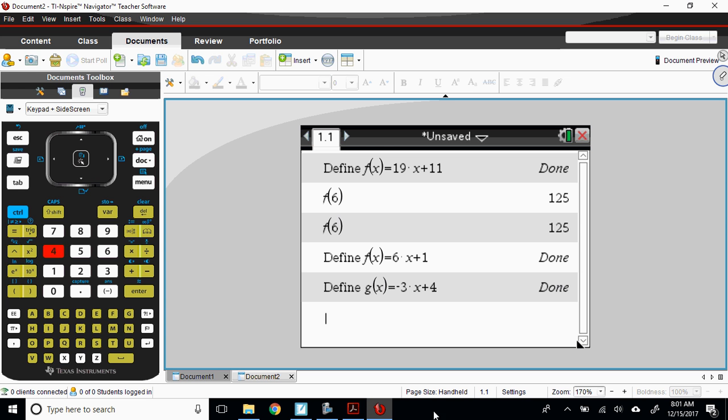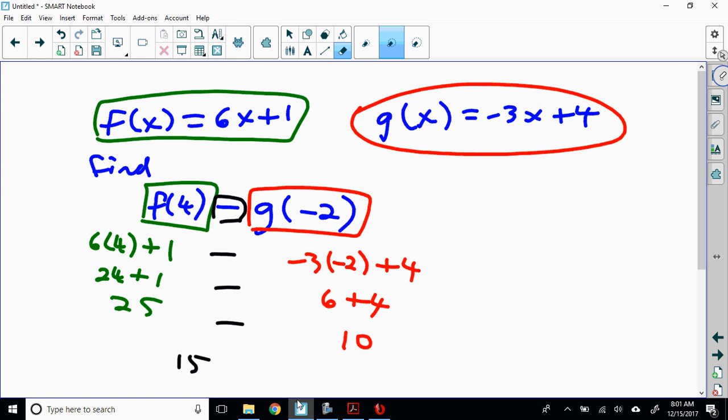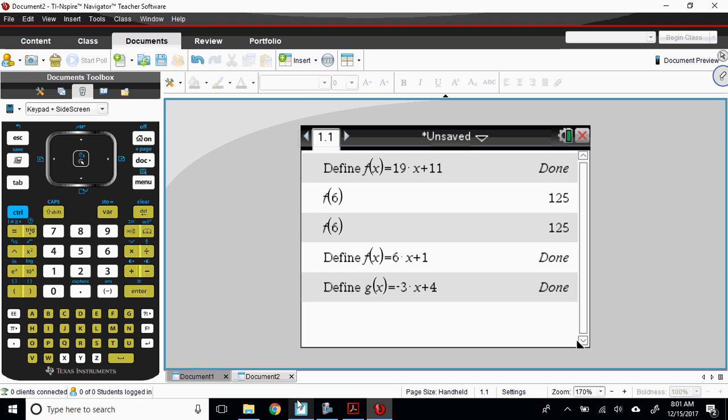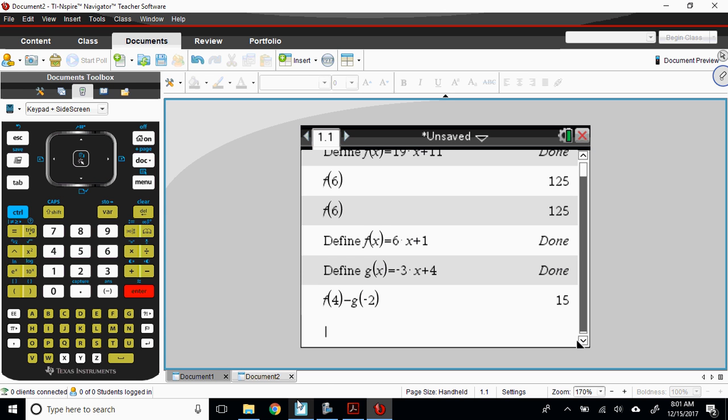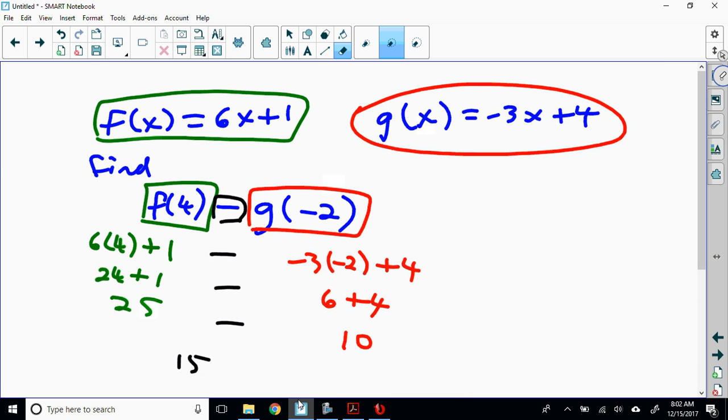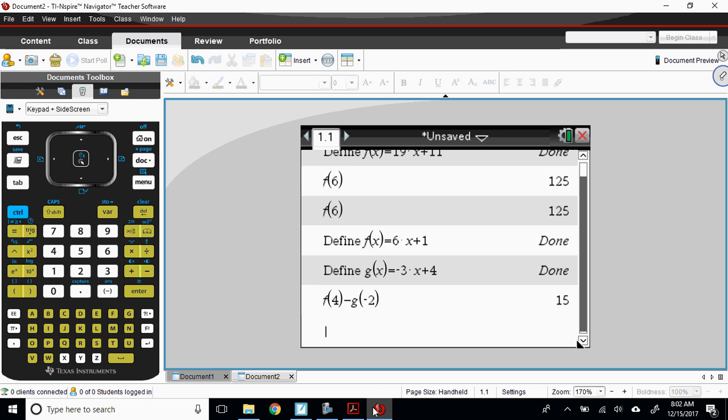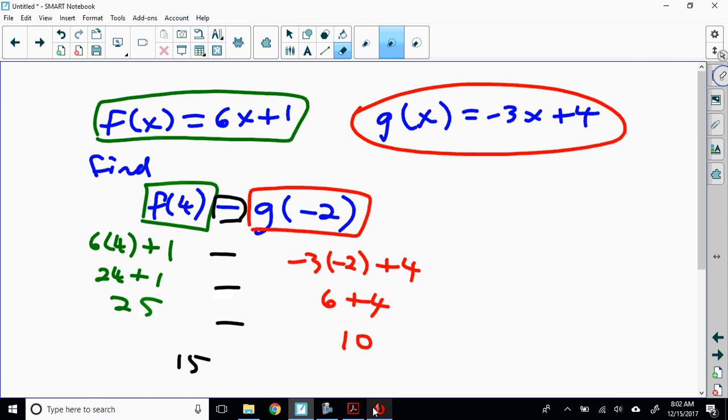I think those are the right functions. And then I take f of 4 minus g of negative 2. There it is. Okay. So the calculator can be your best friend if you know how to operate it. All right. So moving right along then, we're looking at number 9 next, I guess.